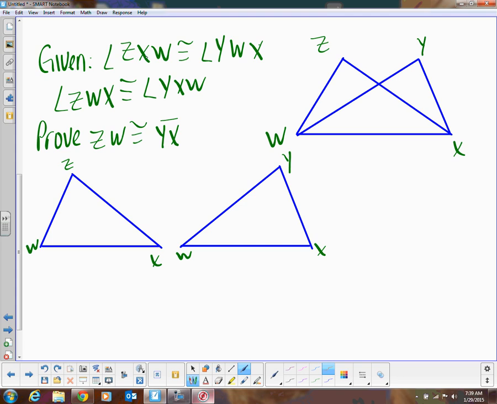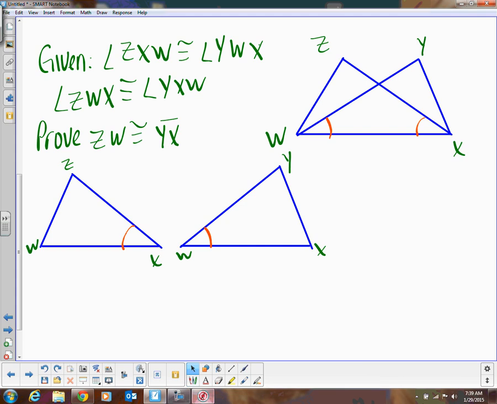Next vertex is X. I go to the right. ZXW. So this angle is going to be congruent to what? YWX. Now we can't say W because it came from this picture. So ZXW would be this angle here if we did not separate them, and YWX would be this one here. Those are the same angles I've just marked.